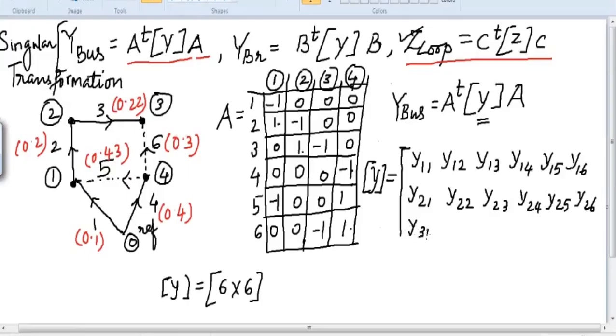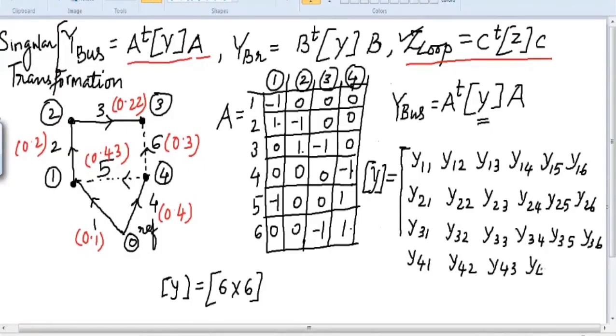Then y31, y32, y33, y34, y35, y36. Then y41, y42, y43, y44, y45, y46.